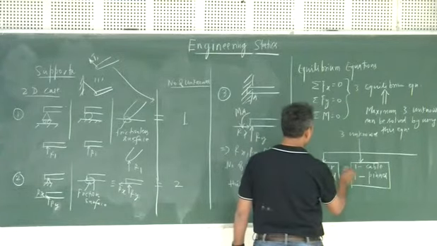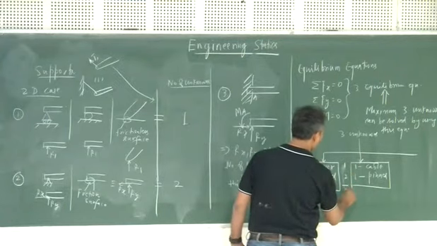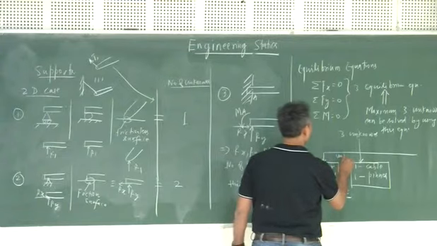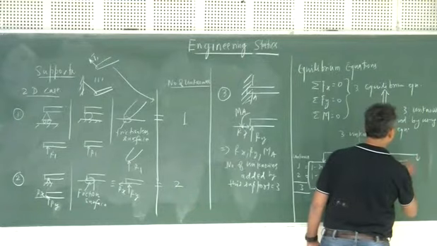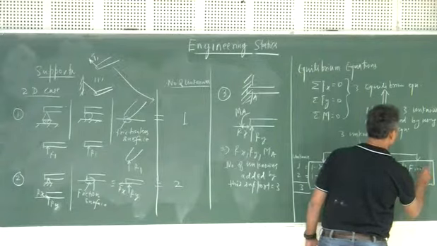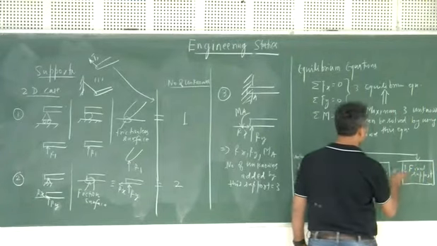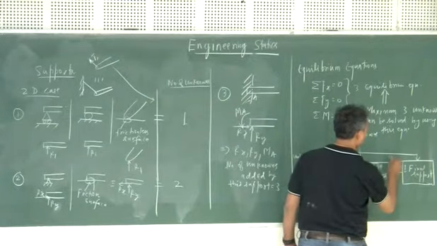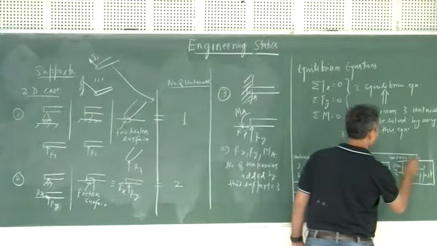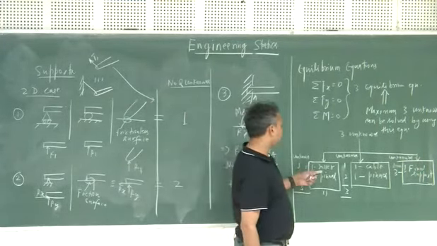So again, this will give you, or I can have one more, that also gives. So basically, a system can be supported by a combination of different supports.